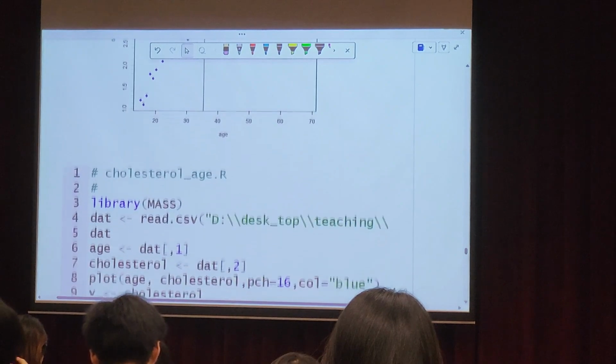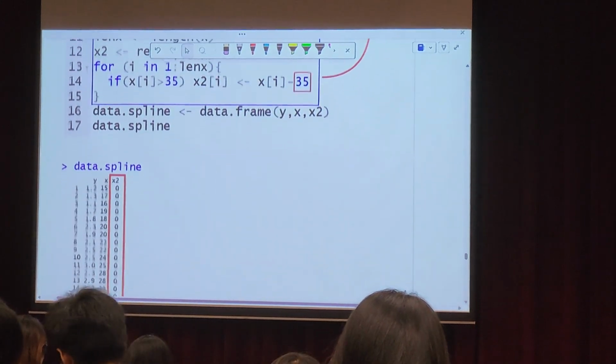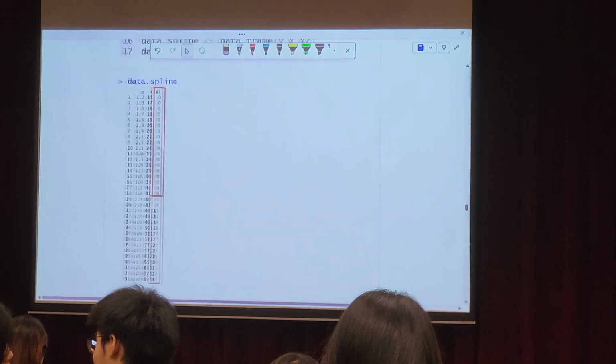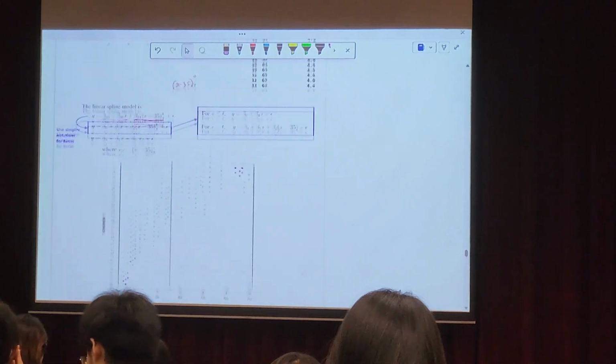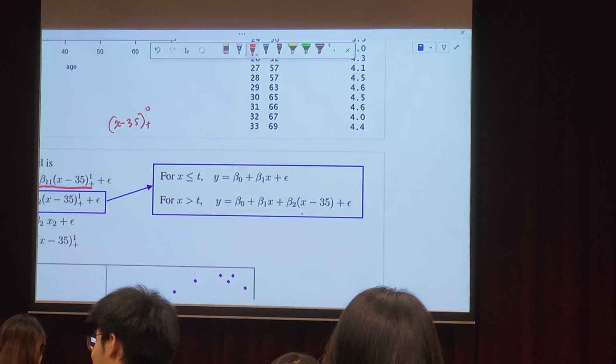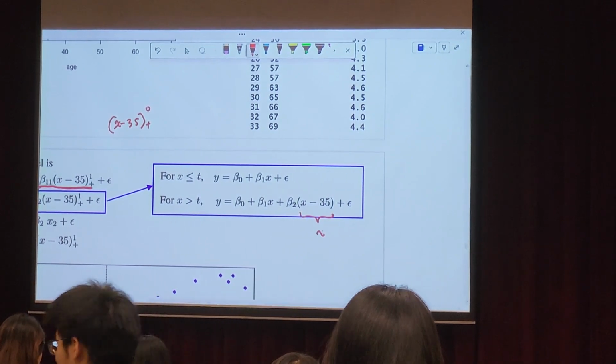So let's fit it. Now I'm going to skip this program, you can read it. The idea is we want to calculate this, which I call x2.